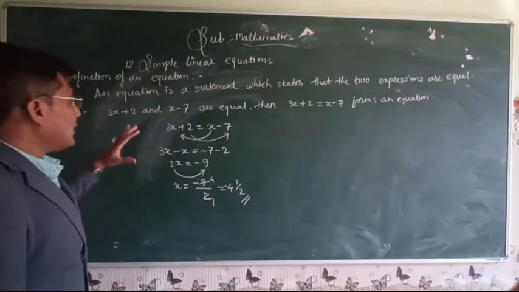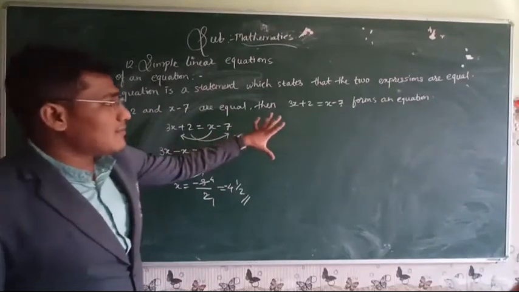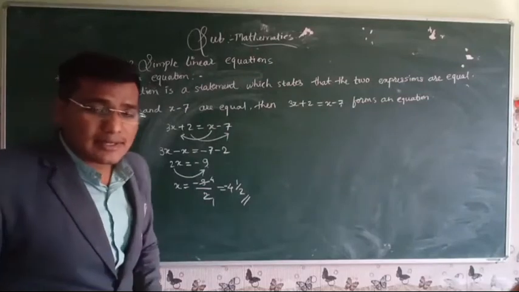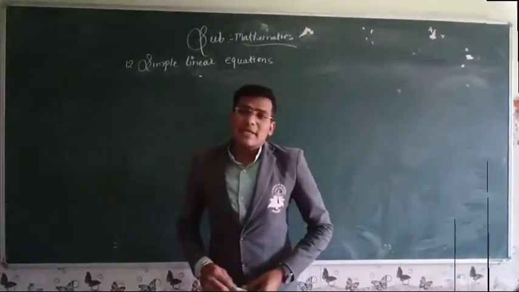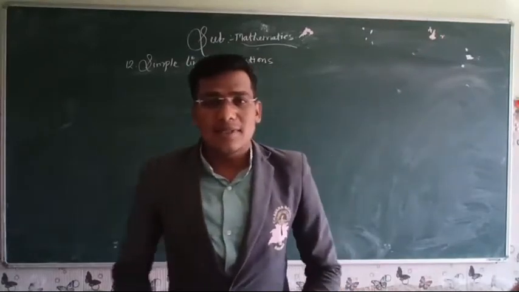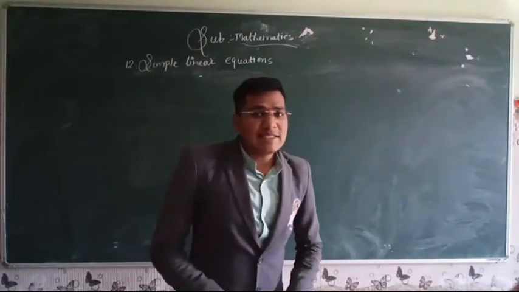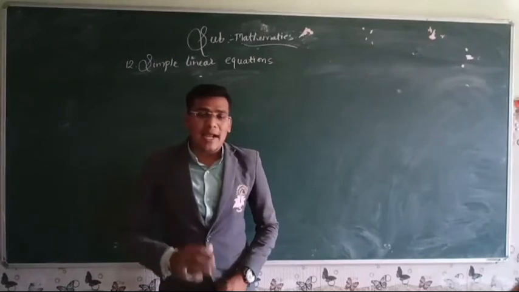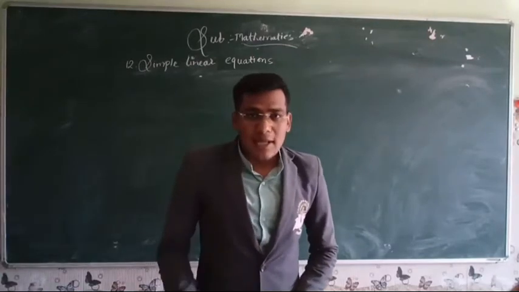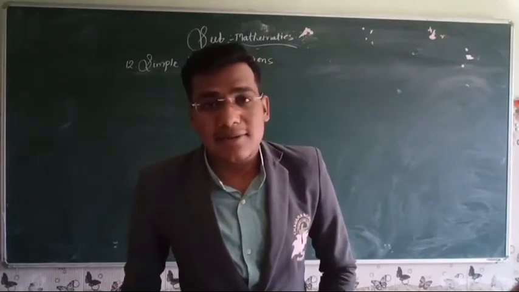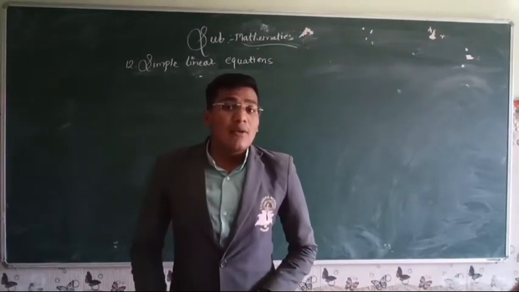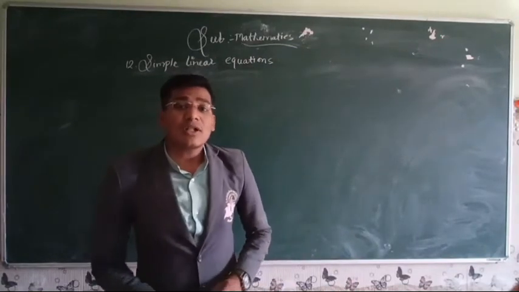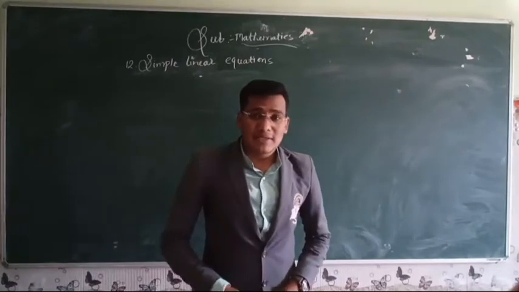This is how an equation is set and how we get the value of x. Now we will see some examples of how the signs change from addition to subtraction, subtraction to addition, multiplication to division, and division to multiplication.